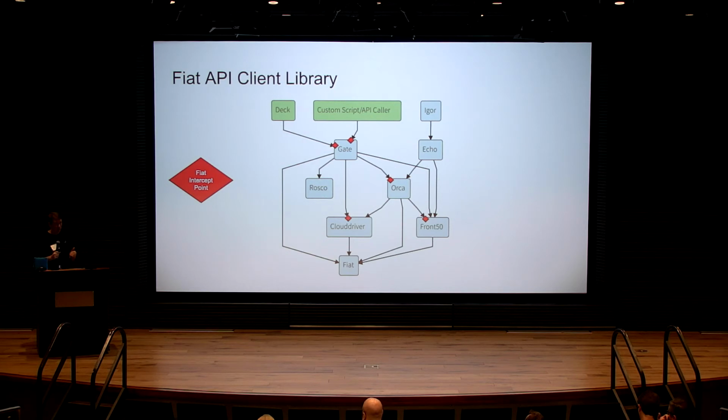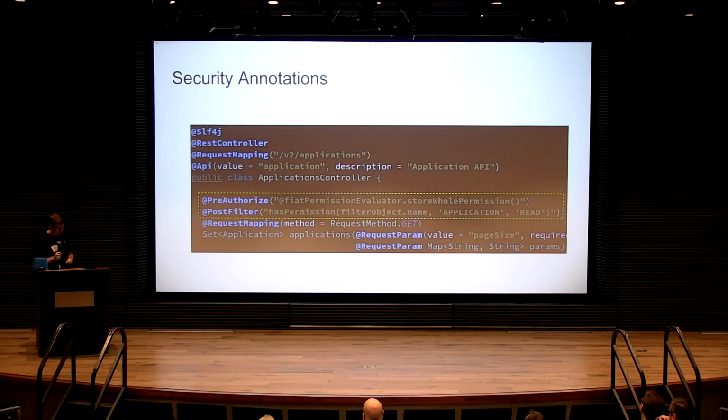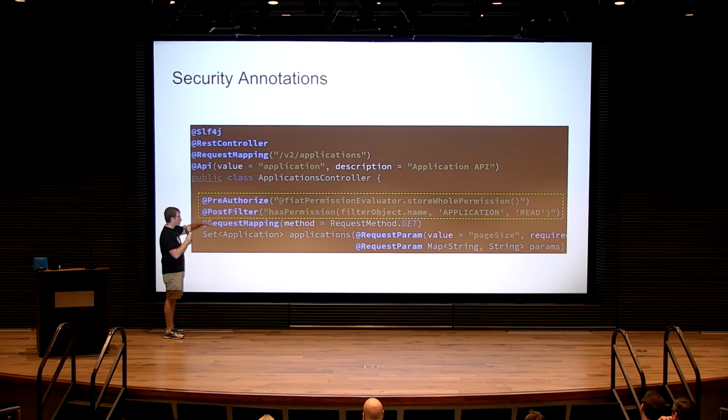But before they actually get to the controller, to the application code, they run into a Fiat intercept. And if you're looking at the code, this is what a Fiat intercept looks like. You've got your application controller, whatever controller it happens to be.